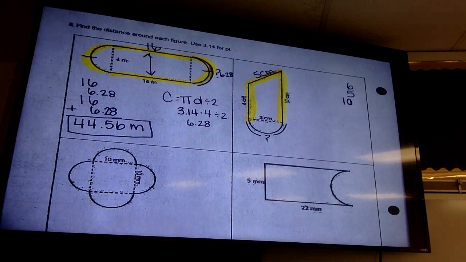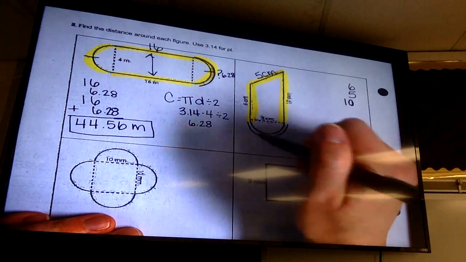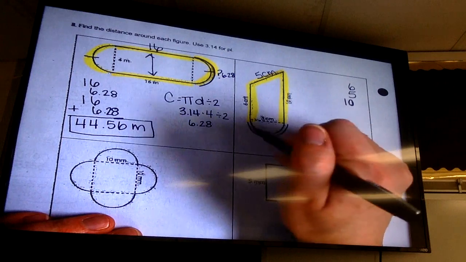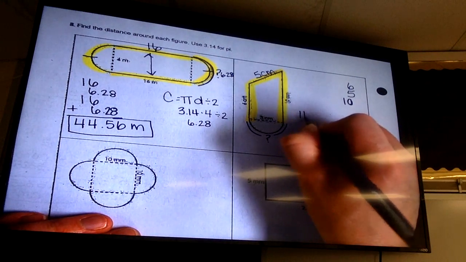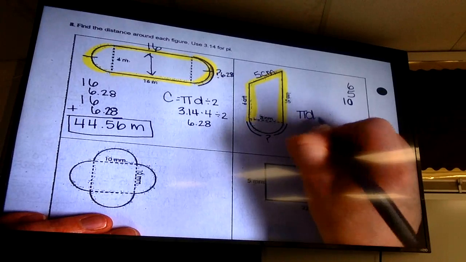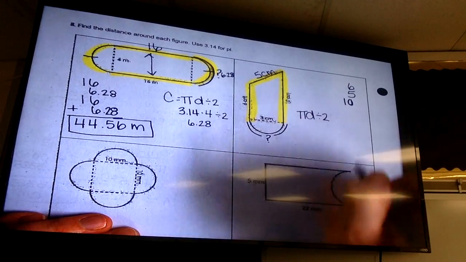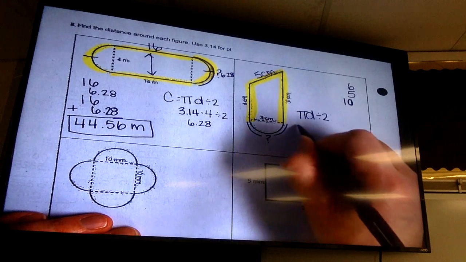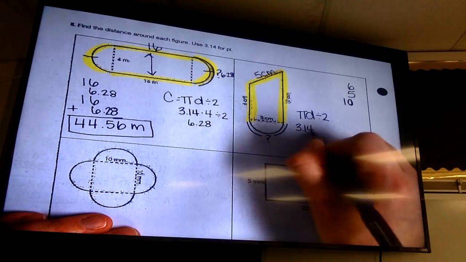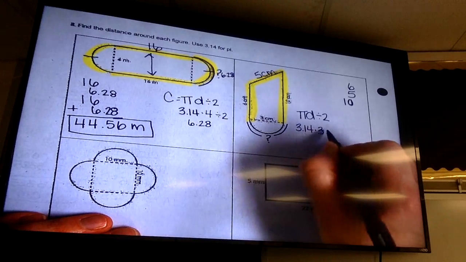So we have to find the distance of this arc, just the arc piece, not around the semicircle, just the arc. So when I do that, I take my circumference formula and I'm going to divide it by 2. And that'll give me the distance of my semicircle. So I have 3.14 times my diameter, which has been given to me, 3, divided by 2.